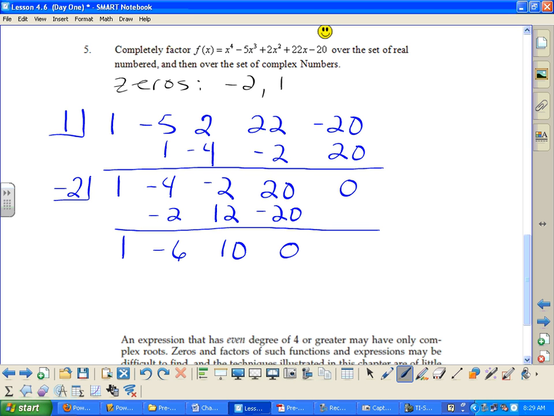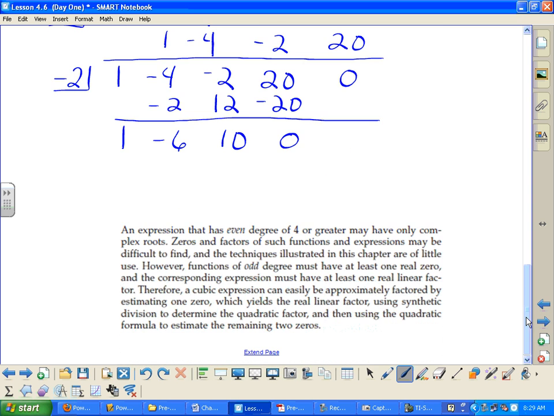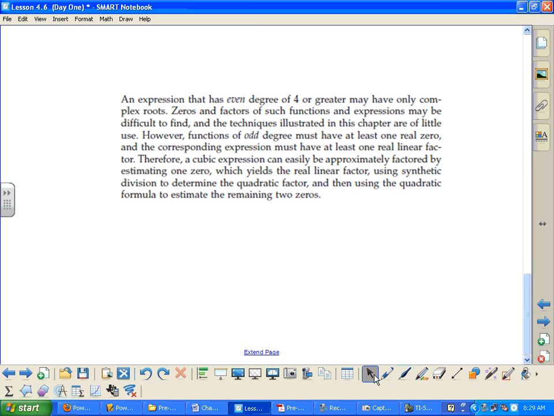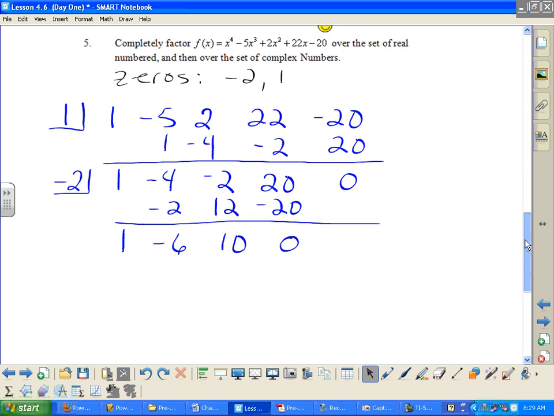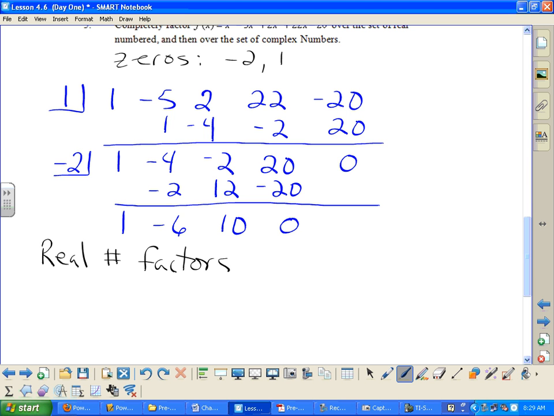So it asks us to factor over the set of real numbers. So if I factor it with real numbers, then we'll get x minus 1, x plus 2, and x squared minus 6x plus 10.